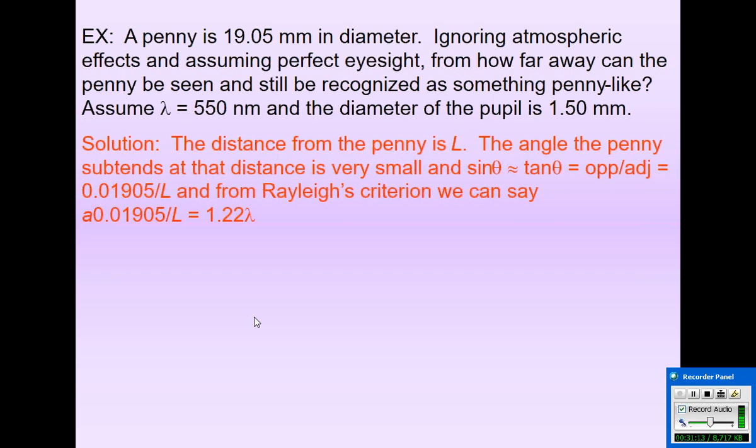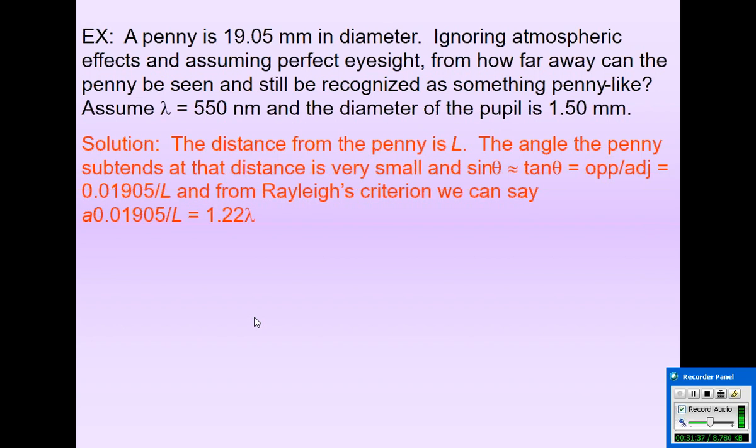The distance from the observer to the penny is capital L. And again, using some trigonometry, we can say that to a very good approximation, the sine of the angle from one side of the penny to the other side of the penny is equal to the diameter of the penny divided by the length.